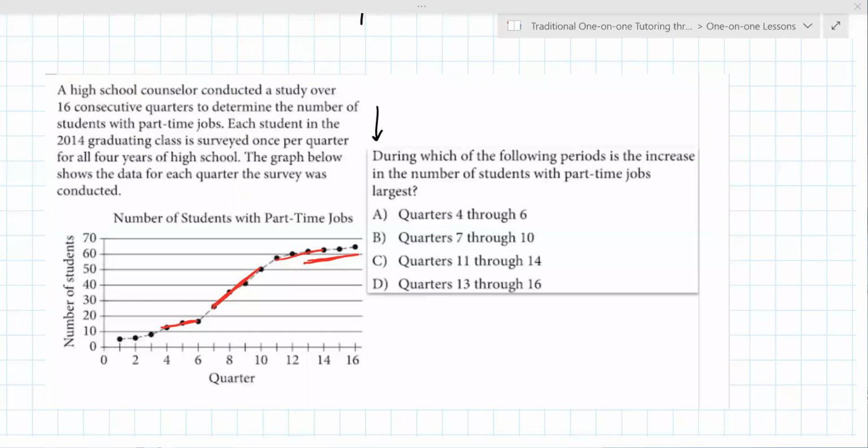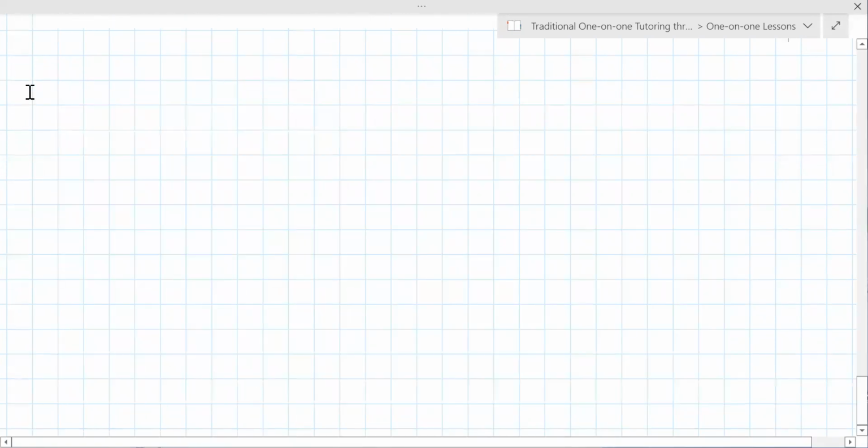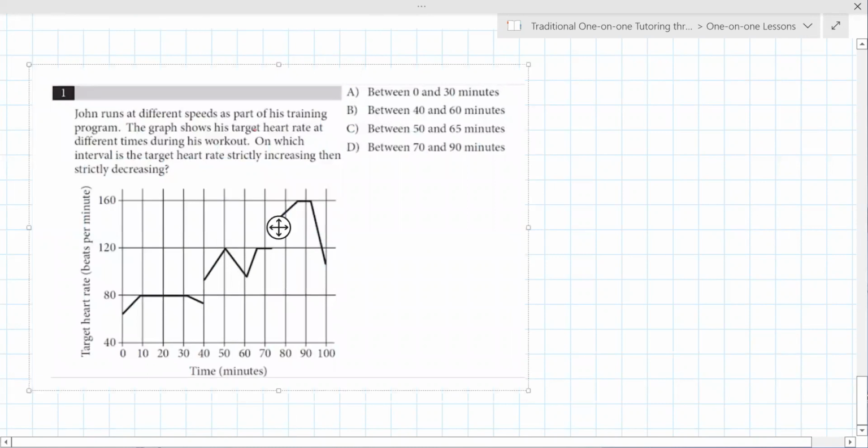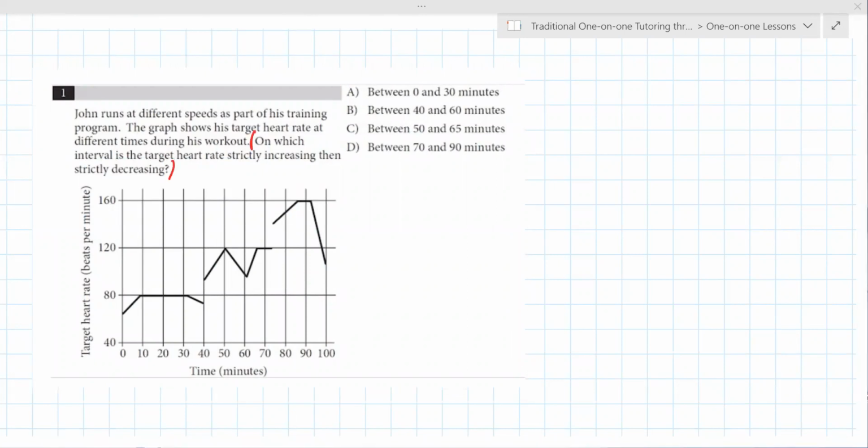Okay, so let's look at another problem here. Yeah, it's a good technique to try and draw on the graphs. It sometimes tells you something. So I think this is a similar type of question, but again, you want to start with whatever that question is first. On which interval is the target heart rate strictly increasing then strictly decreasing?